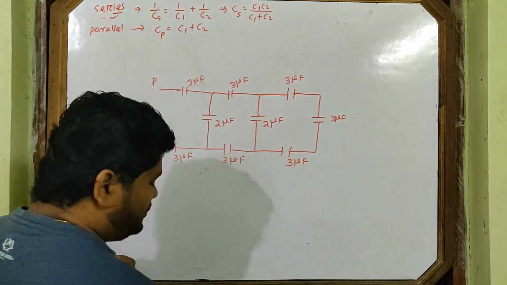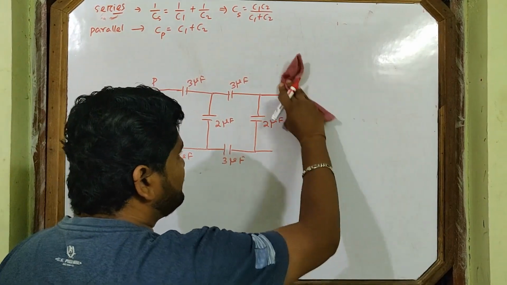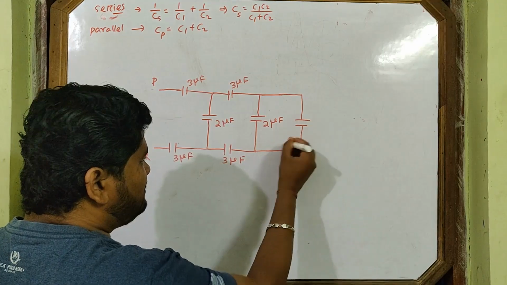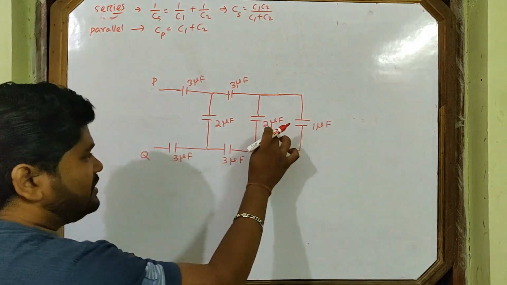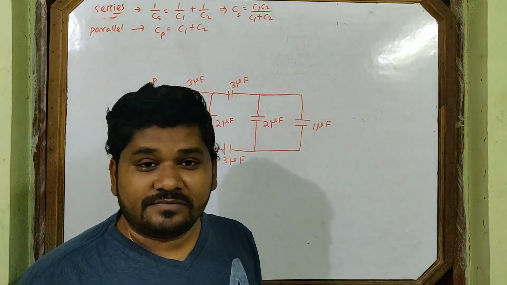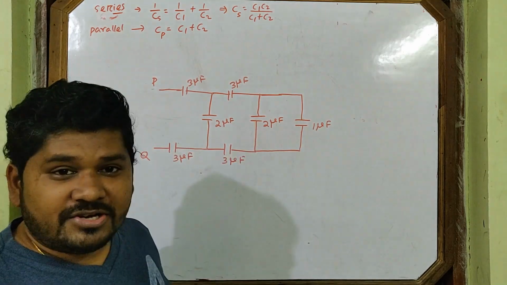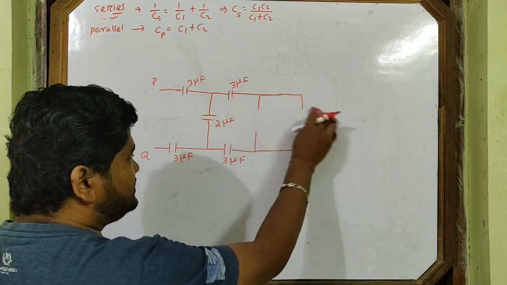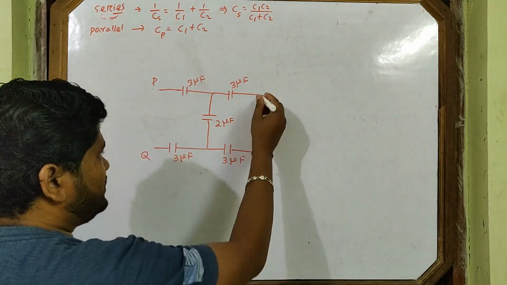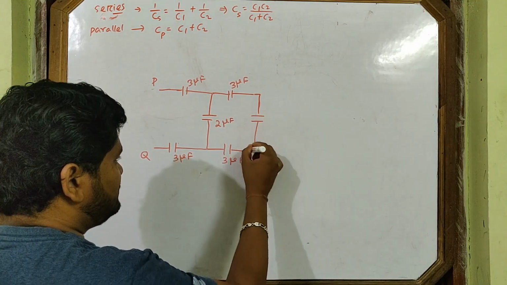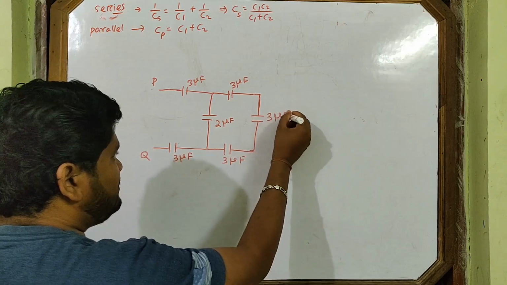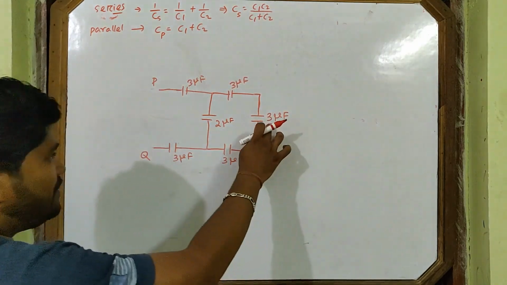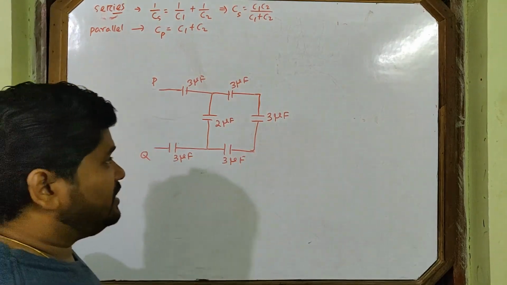So now you cut this branch, and in place of that you write 1 microfarad. 1 microfarad and 2 microfarad, which connection now? Parallel connection. So what is the effective capacitance? Just add them: 1 plus 2, 3 microfarad. Then 3, 3, 3 microfarad.